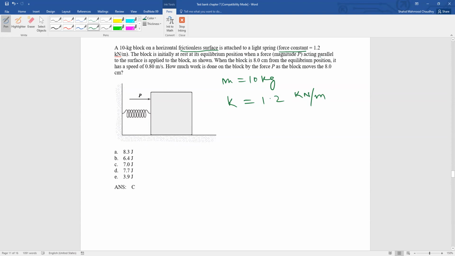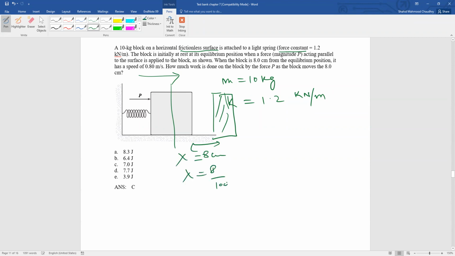A force P is acting parallel to the surface when the block is 8 centimeter from the equilibrium position. This is its original position, and when you apply the force in this direction, suppose the block is here. So it covers a distance of 8 centimeter. This is its x, and x is equal to 8 over 100, which is 0.08 meter.